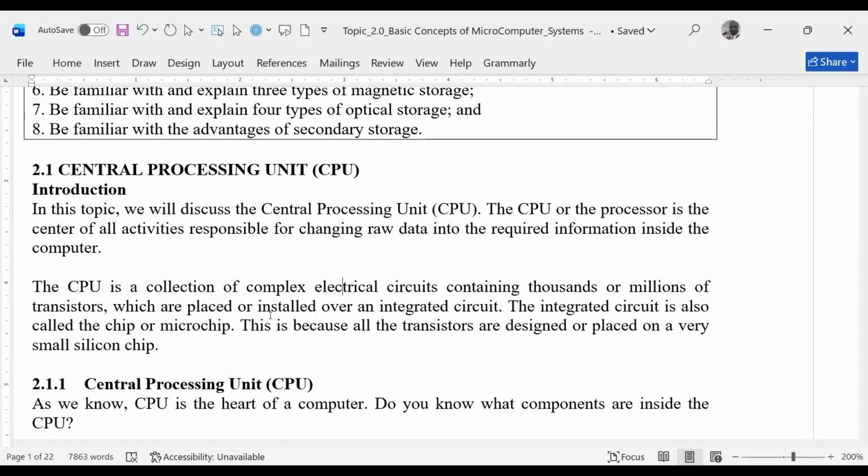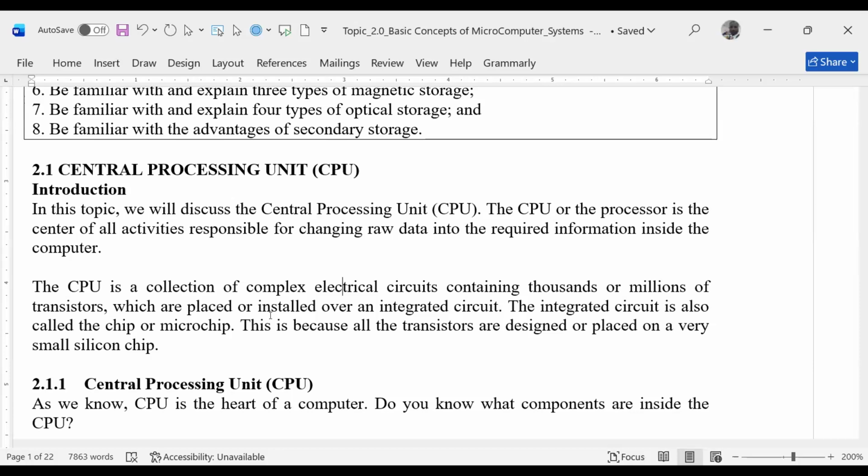This CPU is a chip, like a normal phone chip, a small component that consists of a collection of compressed electrical circuits, and this contains millions of transistors that support you to convert data into information.